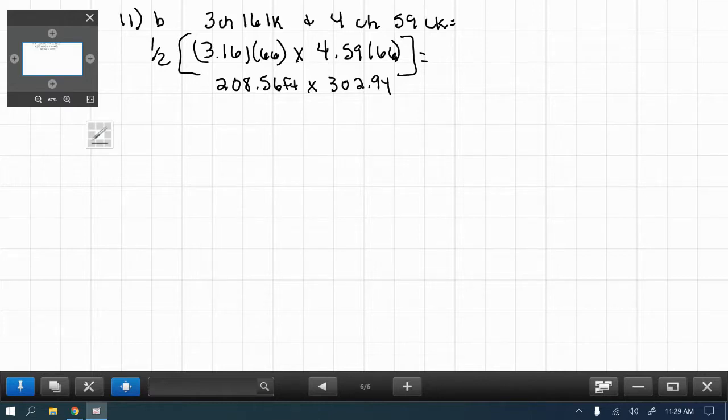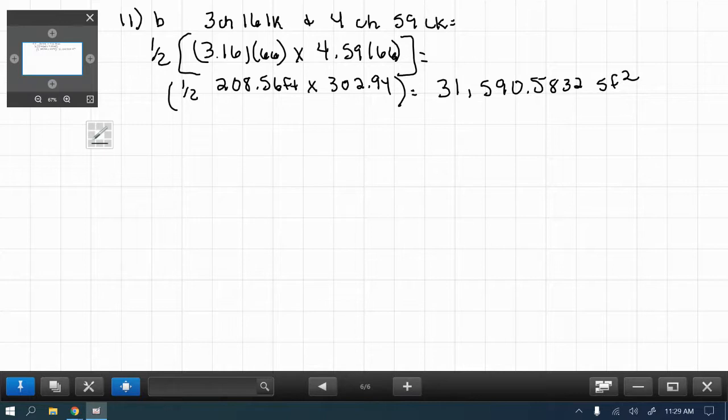Okay, so to get the area of a triangle, multiply those two. Did you have 31.83? So what you had, or did you skip on to the next step?